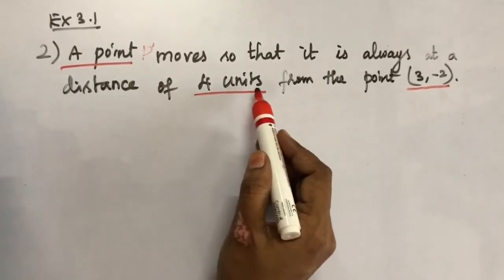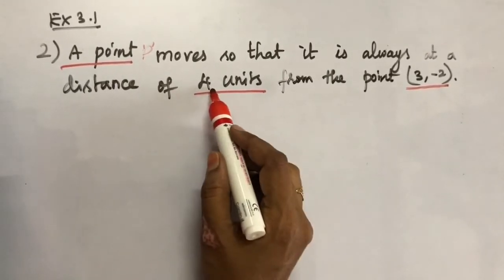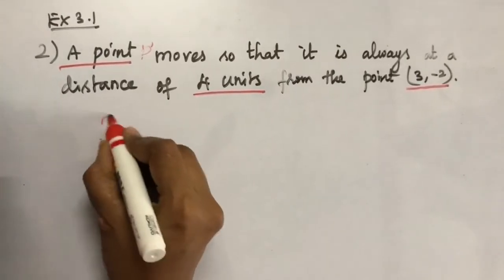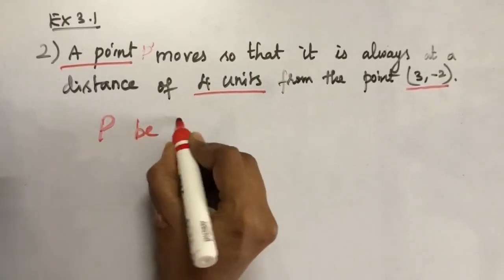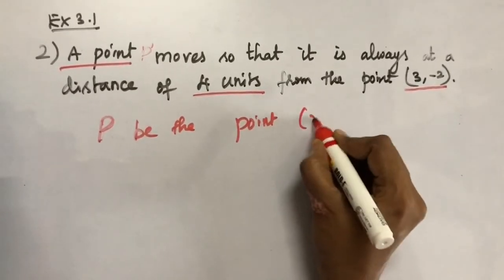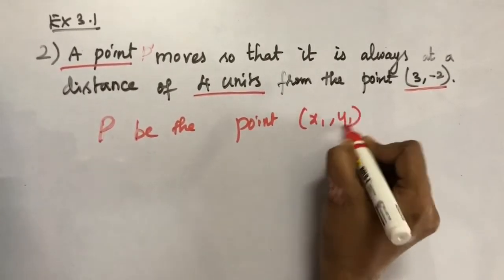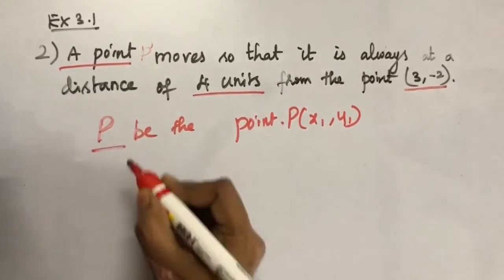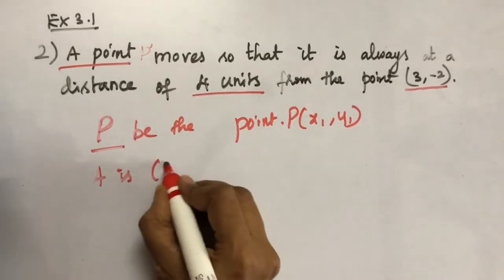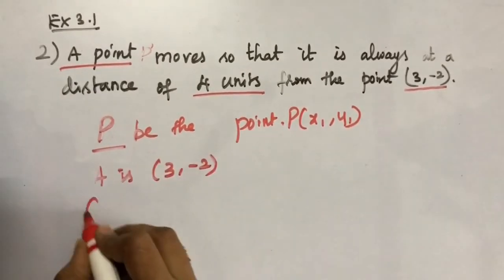The distance is remaining same of 4 units. So P be the point and the coordinates of P is x1 and y1. And A is 3 comma minus 2. So what is given?